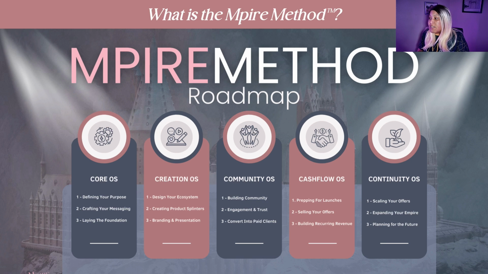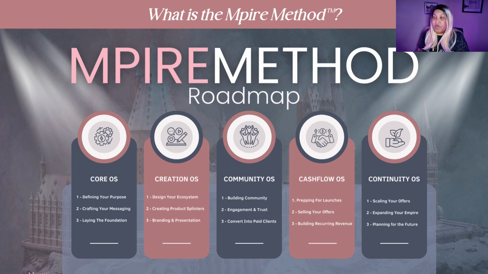Now moving on to Creation OS, that's where we're actually designing out the ecosystem for your digital product business. We're creating splinters and we're taking care of your branding and presentation and packaging of your digital products. Community OS is setting up and building a community around your audience.